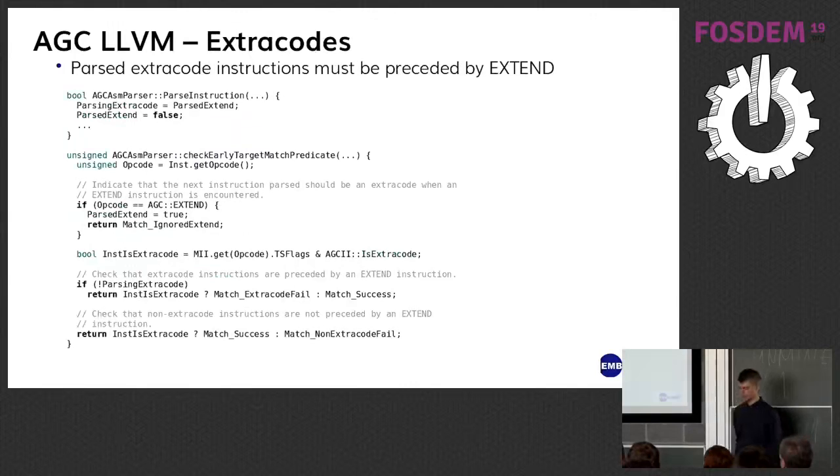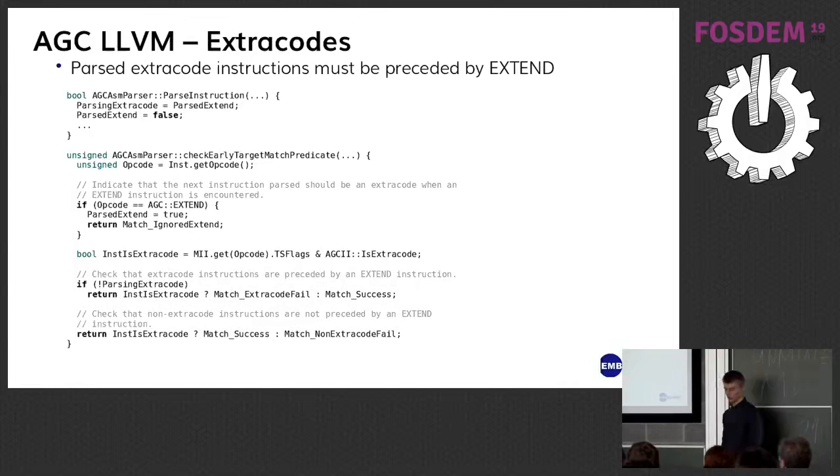Dealing with extra code instructions throughout the MC layer was a tricky task. In the ASM parser, parsing an extend instruction causes a flag to be set in this check early target match predicate, and the instruction will not be emitted as an MC instruction.